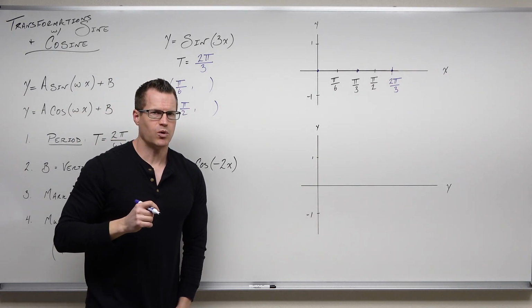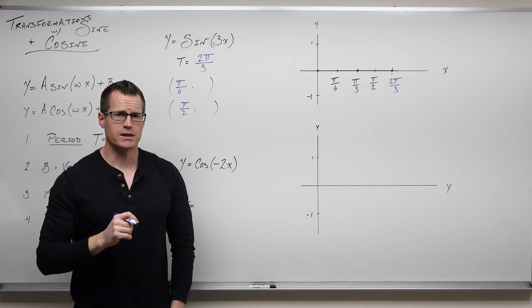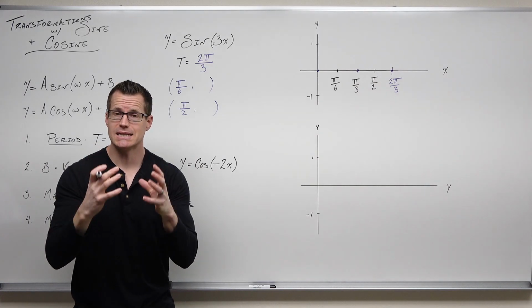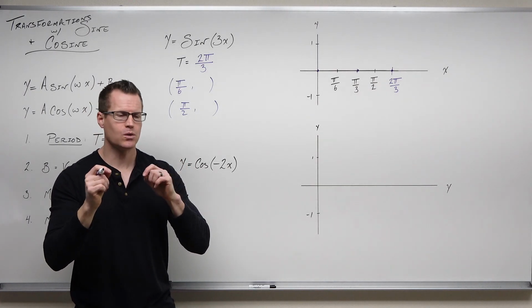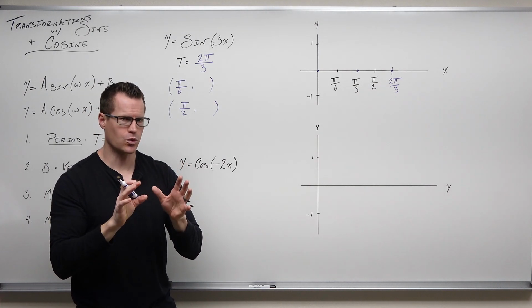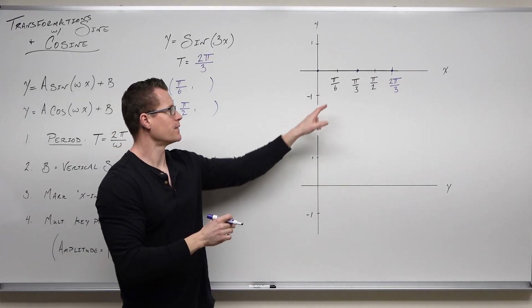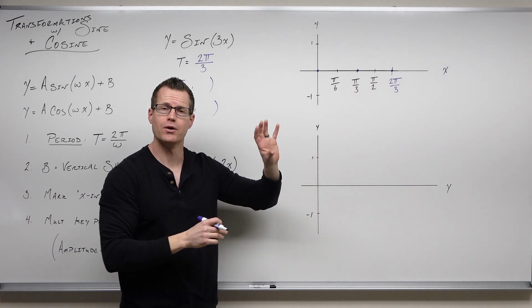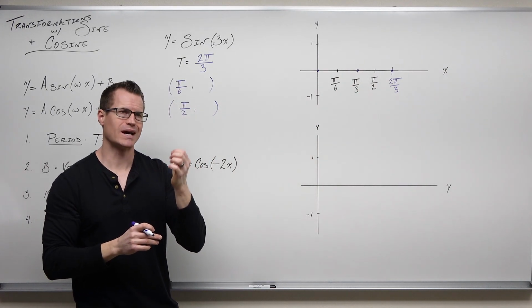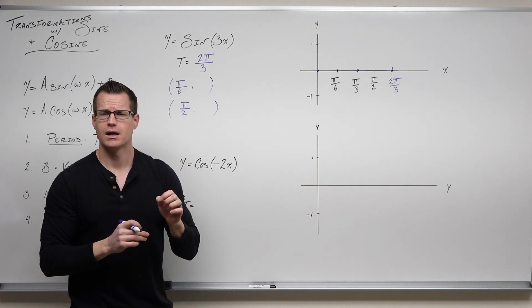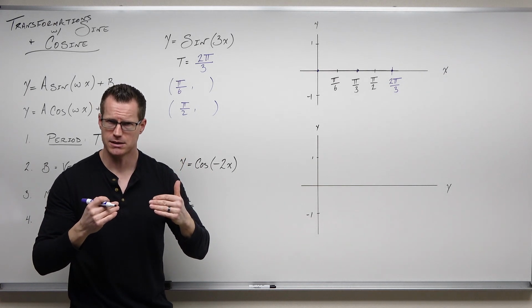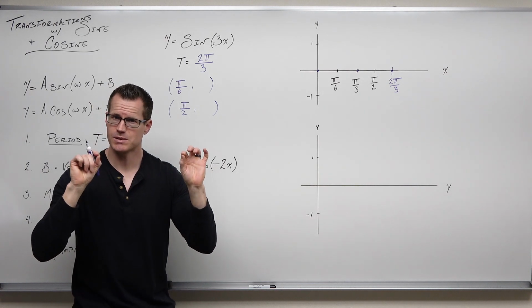So notice with your key points, I know in the last video I had specific key points. Those changed. The idea was for sine, your really important key points happen at the quarters. Whatever the quarters of your period are. That's pi over 6 and pi over 2 right now. Those are the x-coordinates of your key points. Now think back to what sine does. Sine has x-intercepts at ends and center.